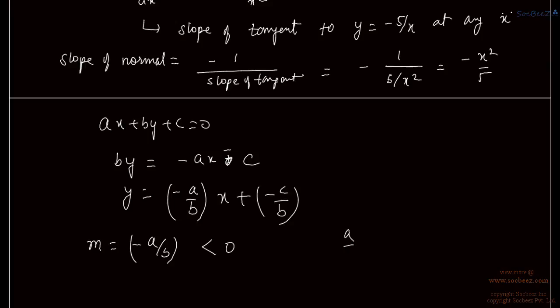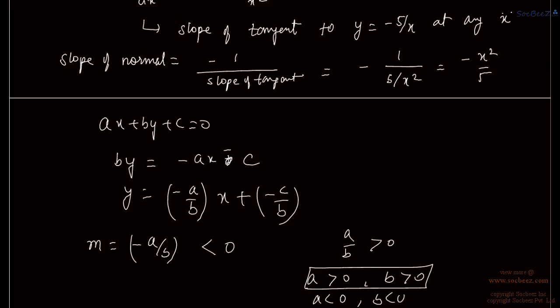That means a/b should be greater than 0, which means a > 0, b > 0 both, or a < 0, b < 0. So either this or this must satisfy the slope of the normal as negative.